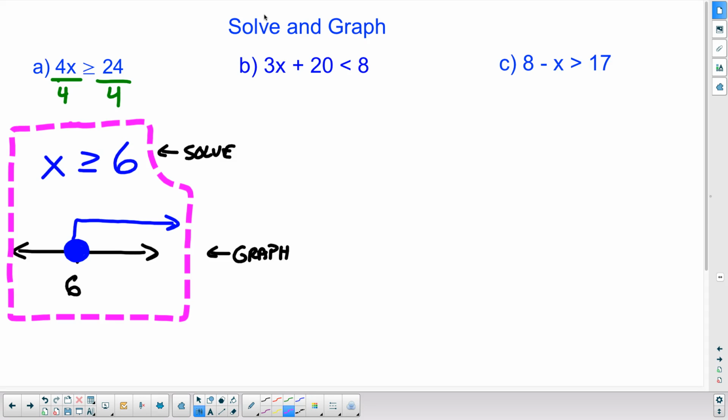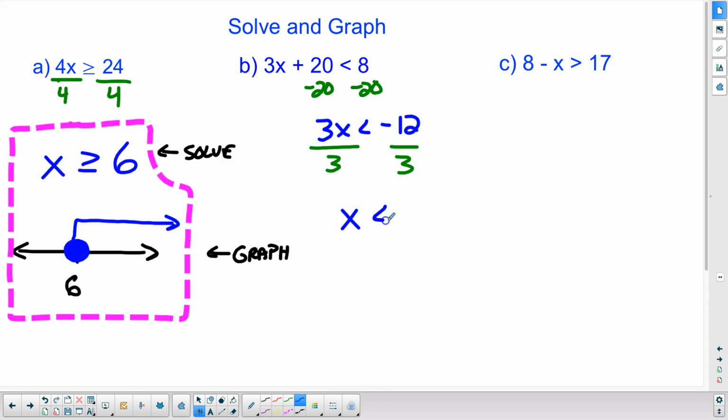Alright. Alright, first one. Subtract 20. Agree? That gives me 3x is less than negative 12. Divide by 3. Does my inequality need to flip? No, because I'm dividing by a positive number. Even though I'm dividing into a negative number, I'm not dividing by a negative number, so it does not need to flip.